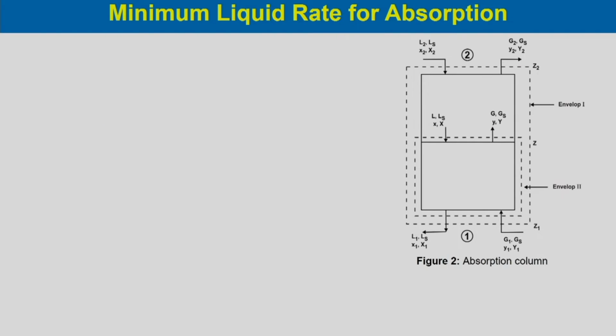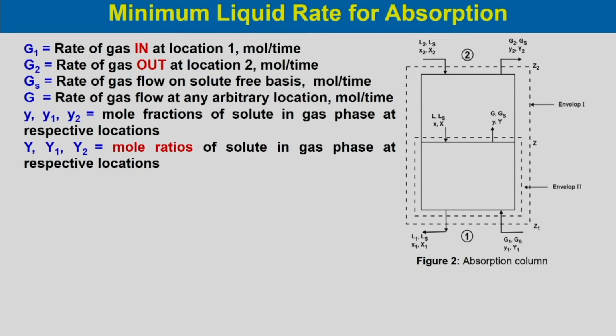Now, let us consider an absorber column or absorption column, which is shown over here. You can see the gas enters at the bottom at a flow rate of G1, the rate of gas in at location 1, in mole per time, and G2 is the rate of gas out at location 2, also in mole per time.